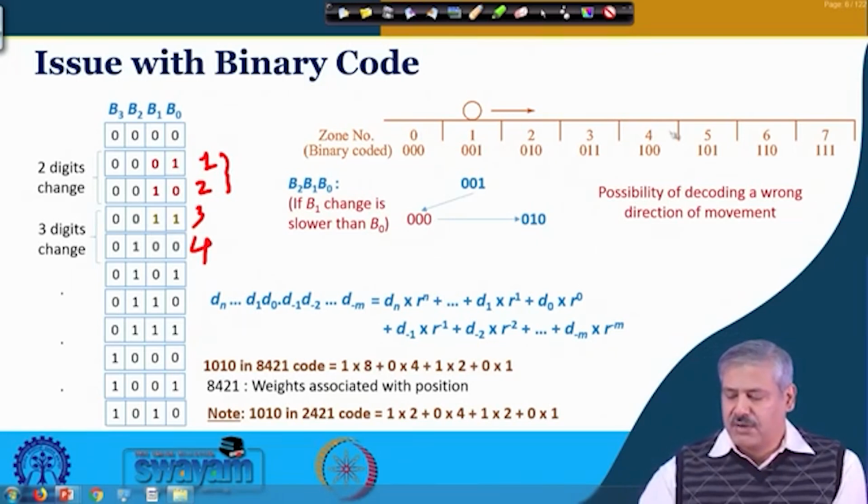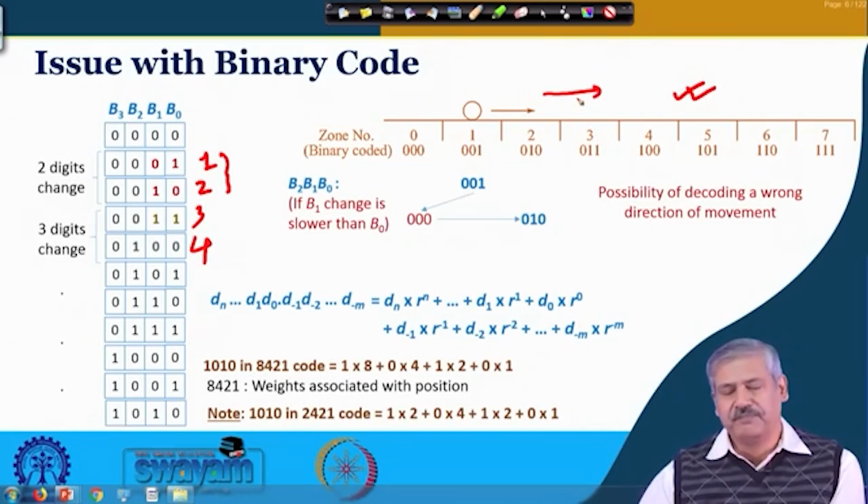Let us see one possible issue with such kind of coding. Consider there is a conveyor belt, the one that you see here, over which some material is there, and the conveyor belt is moving in the right direction, as shown with the arrow. It is moving from zone 1 to zone 2, where some activities are taking place.